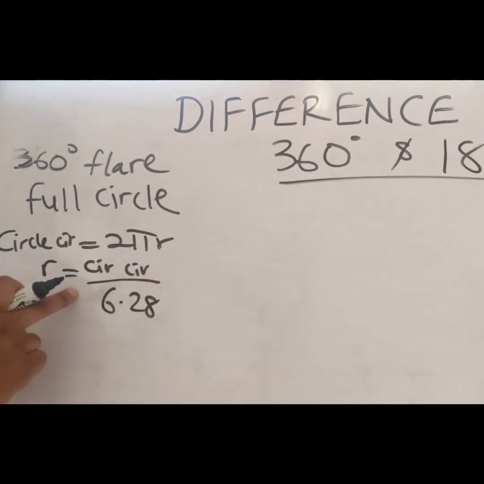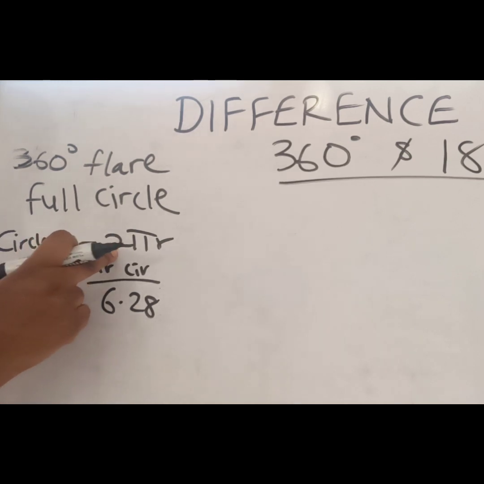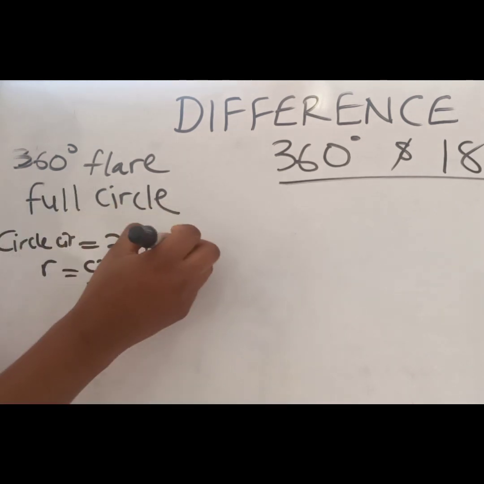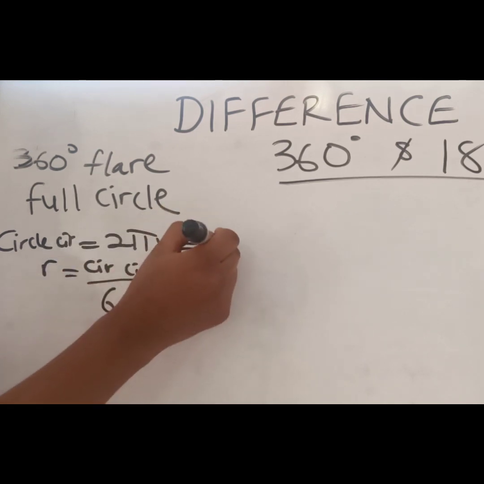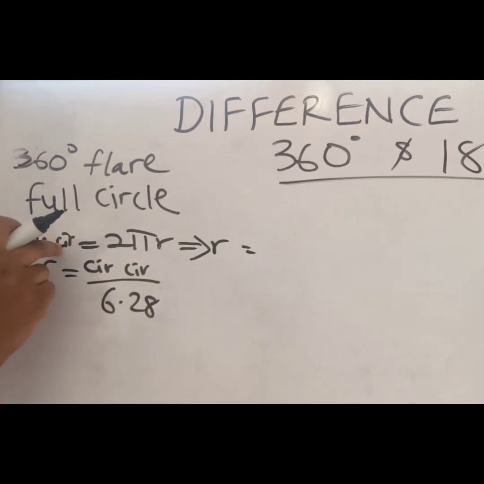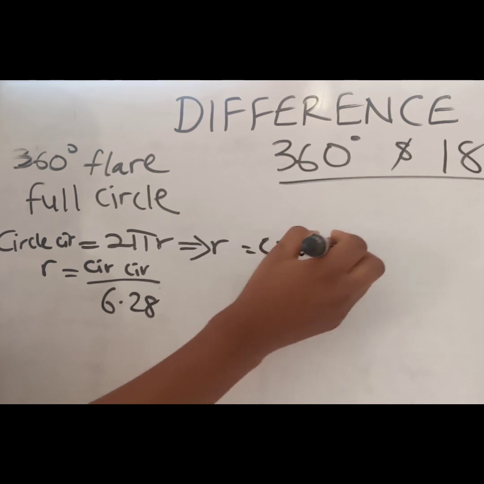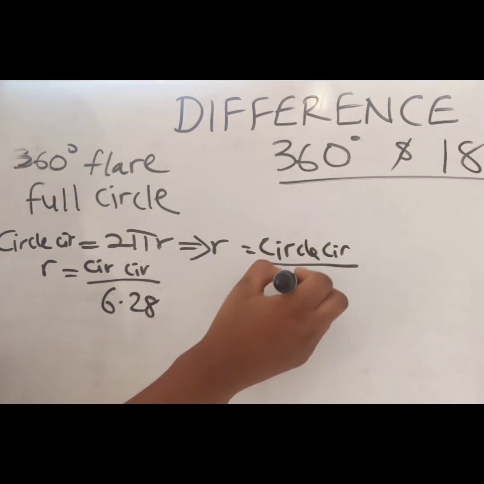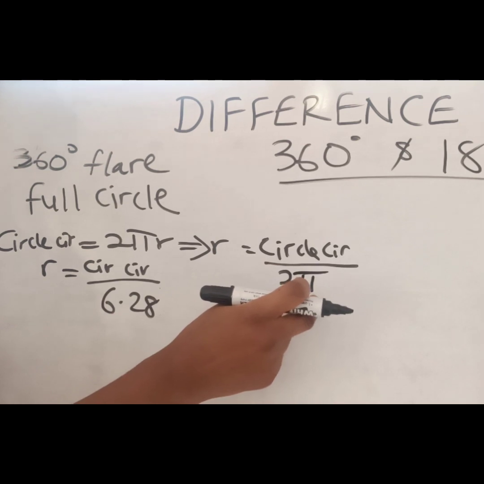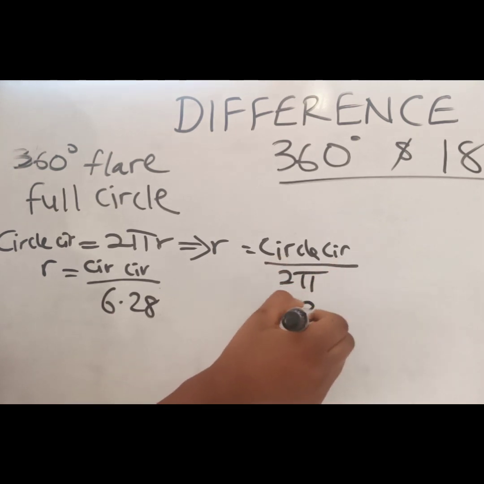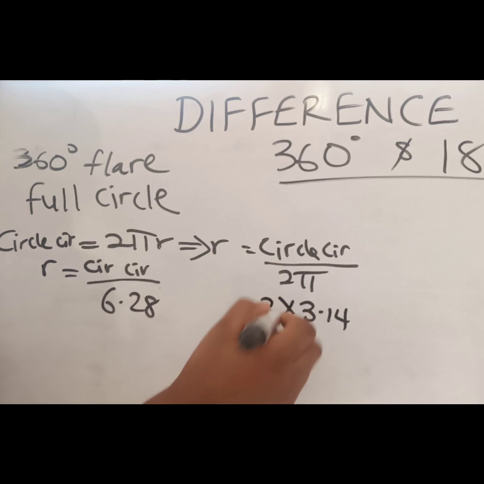Now we got this 6.28 by multiplying 2 by pi. So this circle circumference equals 2 pi r. If you make r the subject, you will have circle circumference over 2 pi, and pi is a constant, which is 3.14, and by the time you multiply by 2, you are going to have 6.28.